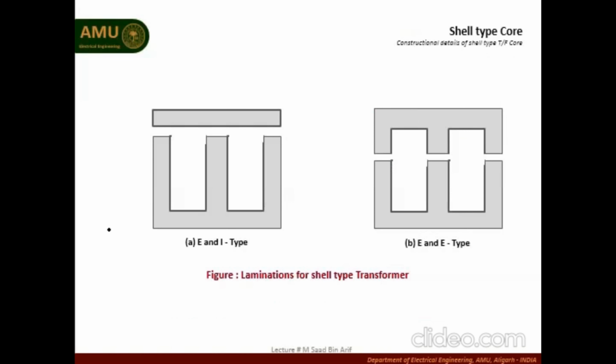If we talk about the design of the lamination, then in a shell type of transformer, there are two types of lamination used. The first one is E and I type, and the second one is E and E type. In E and I type, one part of the lamination is of E structure and the other part is of I structure.